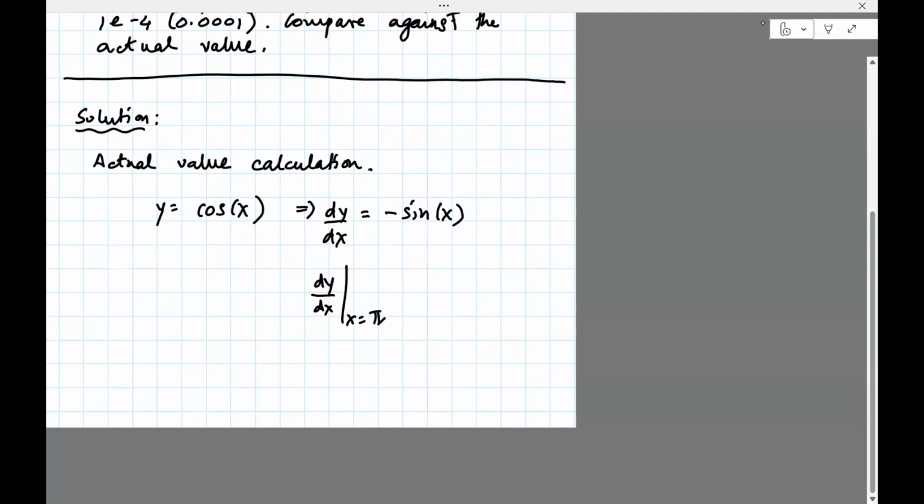If you want, you can write it like this, or you could write it like this. It's really up to you. So minus sine of 30 degrees actually is minus 0.5. You can check it with a calculator. Okay, so this is the actual value. So now that we have a benchmark, let's compare our calculations with it.